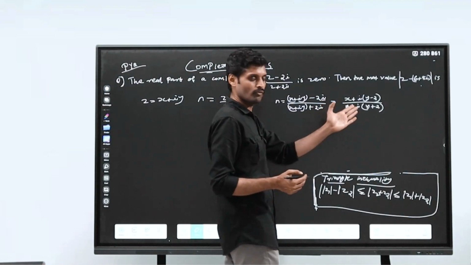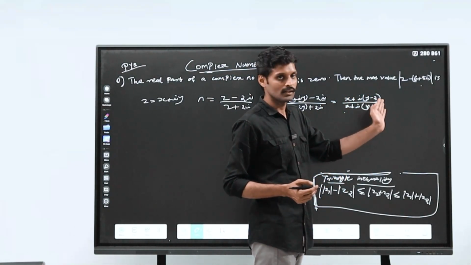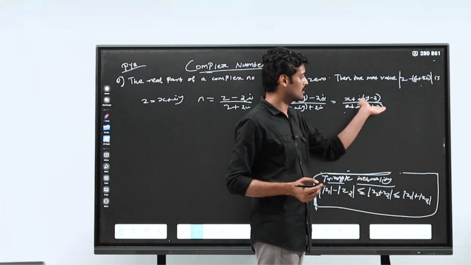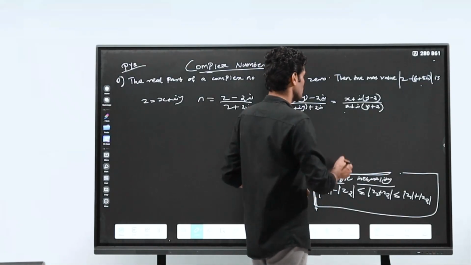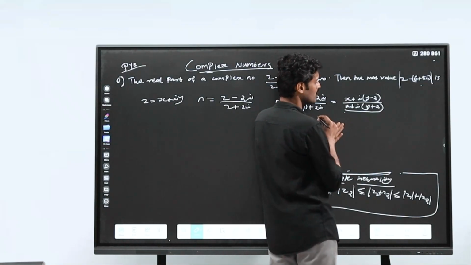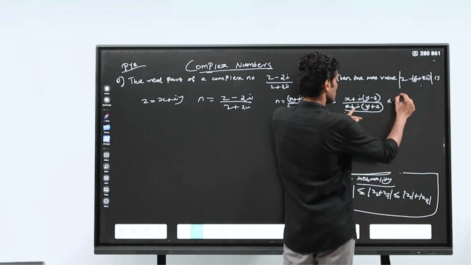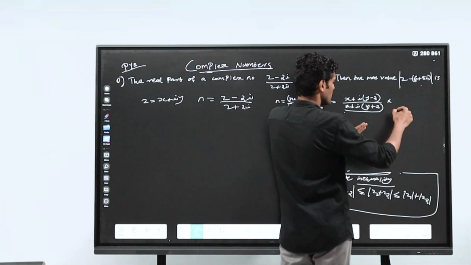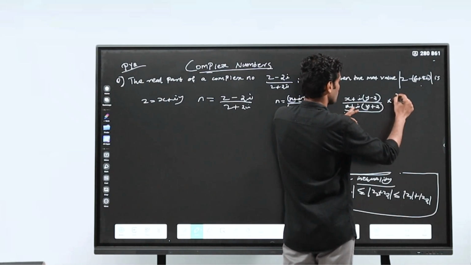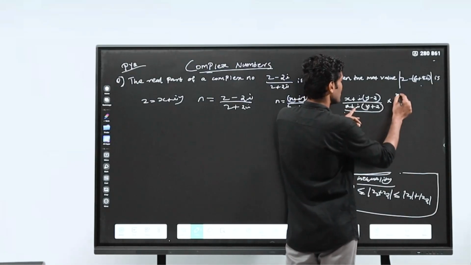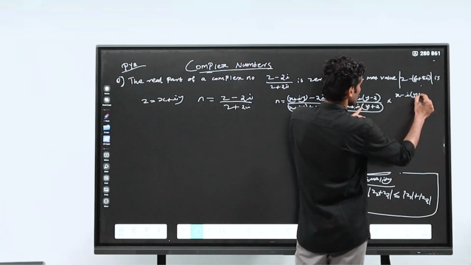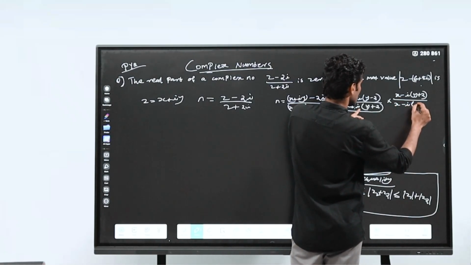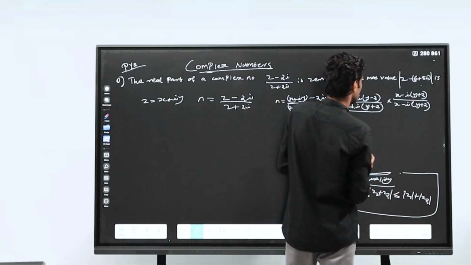For standardizing this, we multiply the conjugate of the denominator in both numerator and denominator. What is the conjugate of the denominator? It is x − i(y + 2). Multiplying in the numerator also, x − i(y + 2).